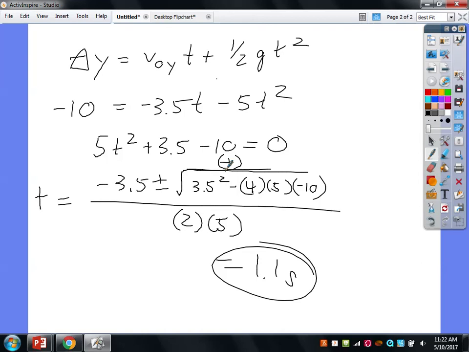Since I have a negative number out front here, if I do negative 3.5 minus this, I'm going to get a negative answer, and we can't have such a thing as negative time. So the negative time answer we just completely discard. Basically what I did is I solved for the square root, added negative 3.5, still have a positive number, divide that by 10, and I get 1.1 seconds.